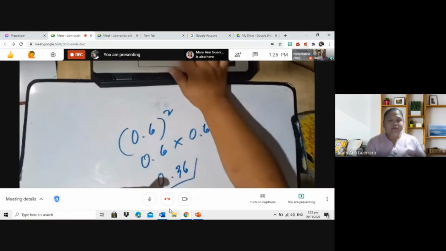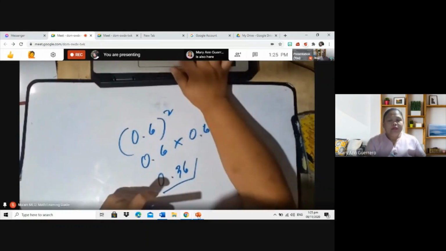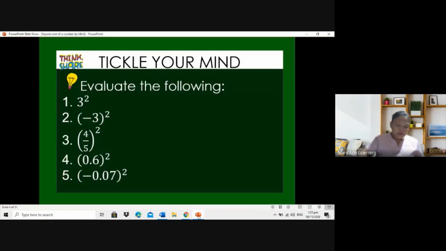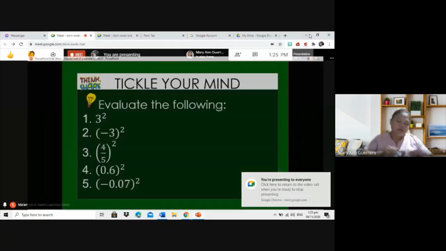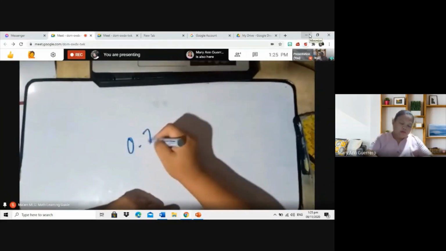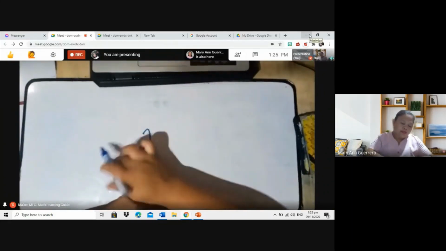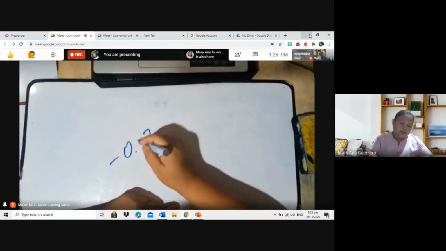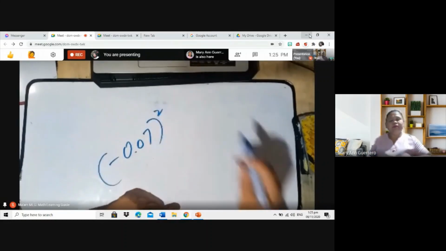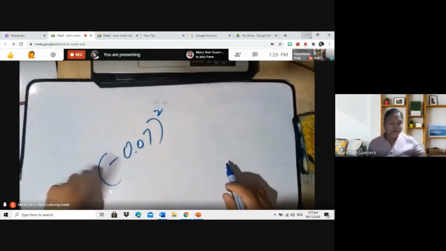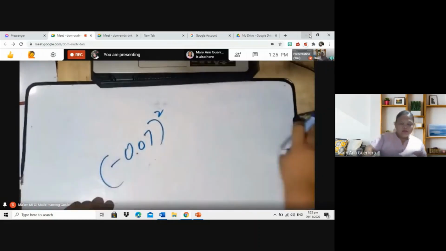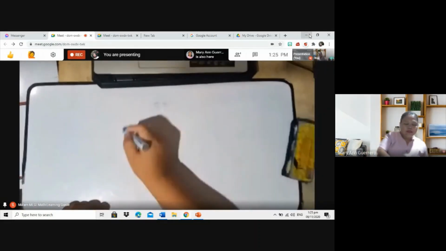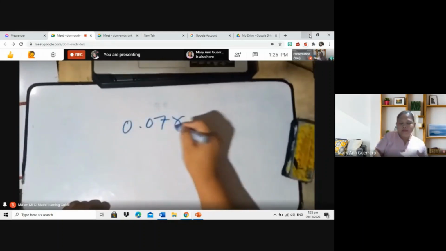So, that's all. For our last problem, we have the square of negative 0.07. What's the square of a negative? Correct, that is positive. So, we have no problem with the sign. Okay, so that means 0.07 times 0.07.